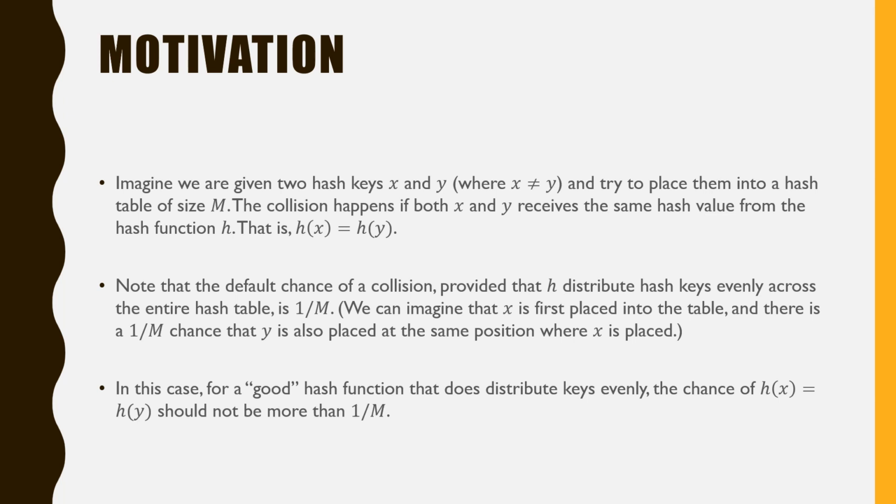Since x has been inserted and occupies one hash table location, then the probability that y will also be hashed into that location by a good hash function should not exceed 1 over m, which corresponds to the expectation of even distribution of hash keys. In this case, we can claim that the hash function distributes data elements evenly across the entire hash table.